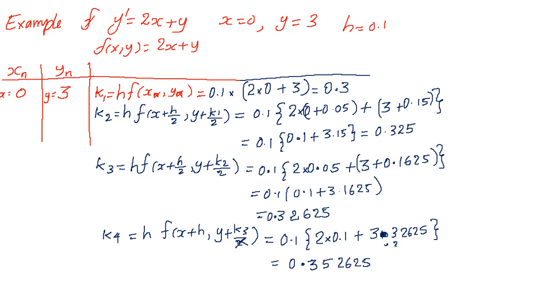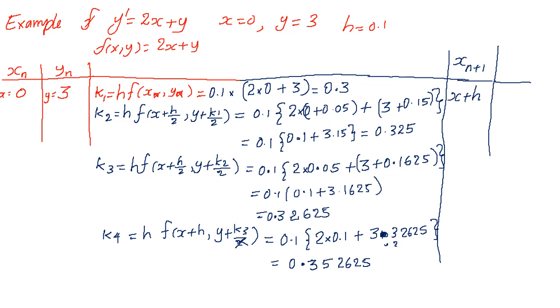Once everything is obtained, you can calculate the new values of x and y. X is nothing but the previous value of x plus h. So xn plus 1 is 0 plus 0.1, that is 0.1. Now you can calculate yn plus 1 using the equation yn plus k1 plus 2k2 plus 2k3 plus k4, divided by 6.